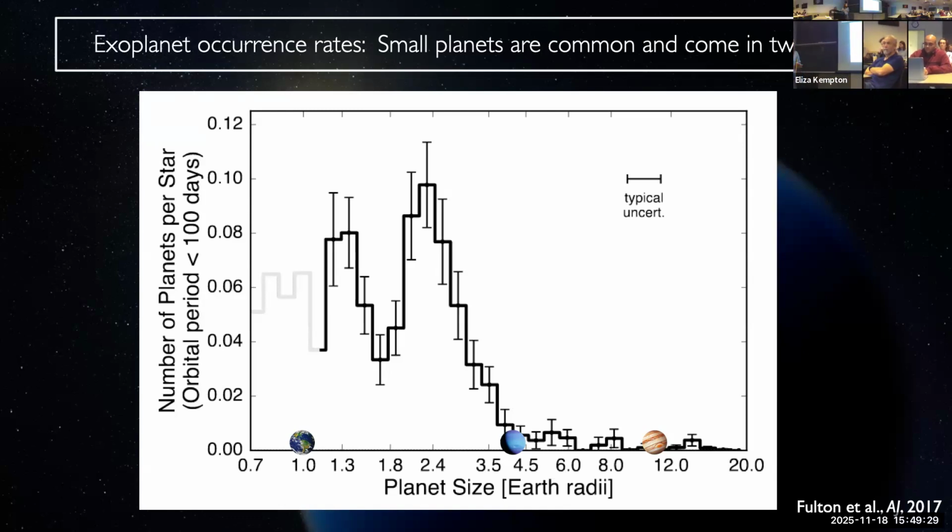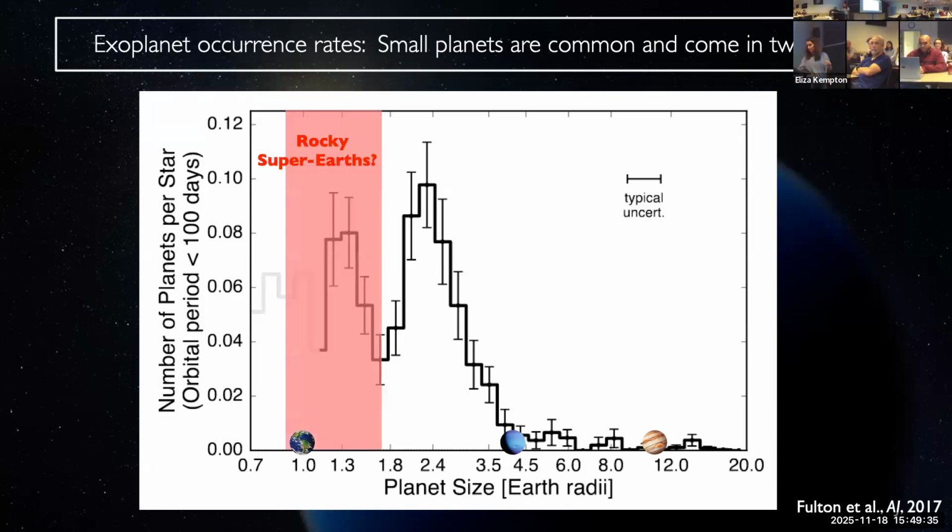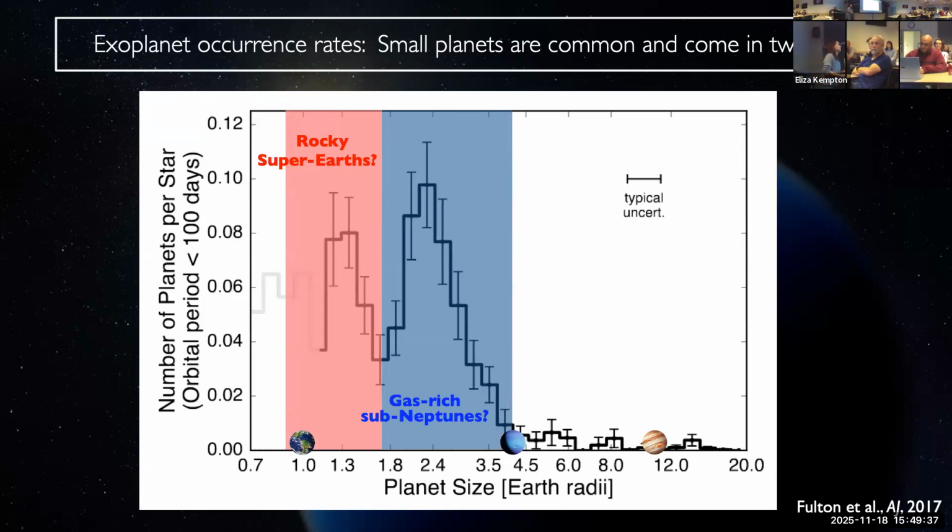More interesting perhaps than that is that there are two types of small planets. I'm going to give them some names now. I'm going to posit that the first peak in this distribution is the rocky so-called super-Earths, and the second peak is what we're going to call sub-Neptunes, which are presumed to have gaseous low-density envelopes, right?